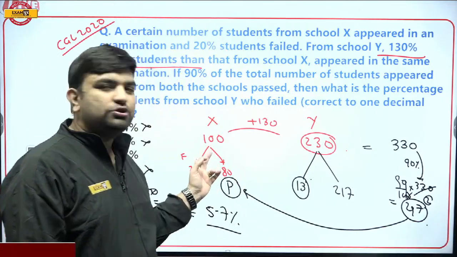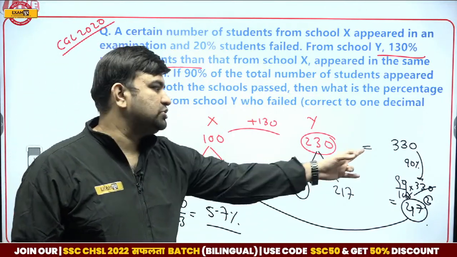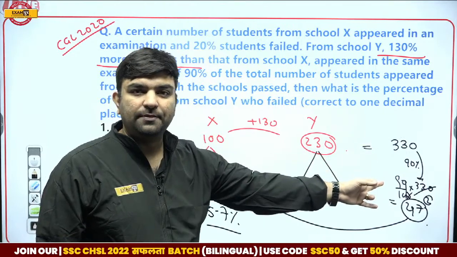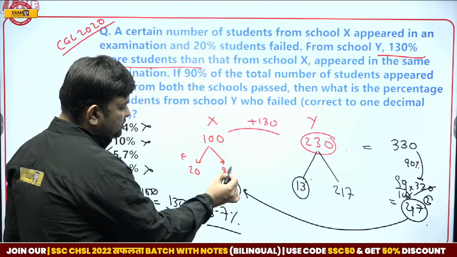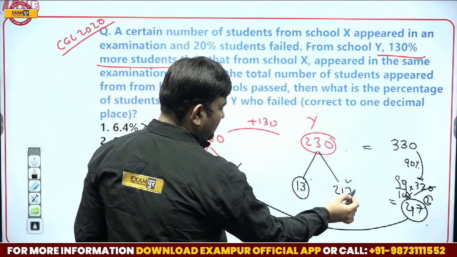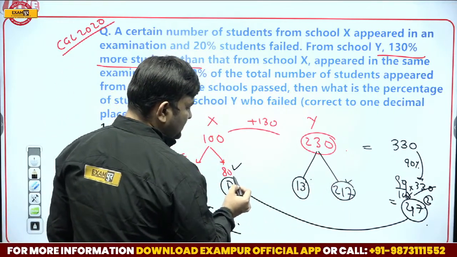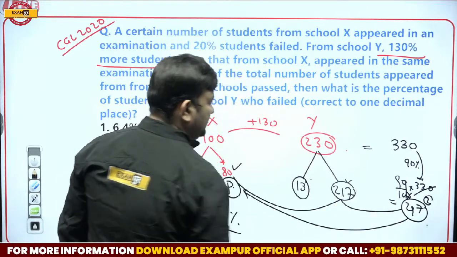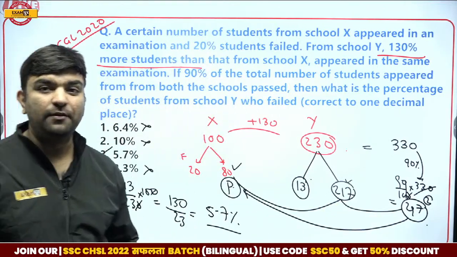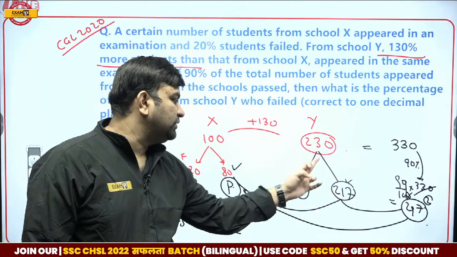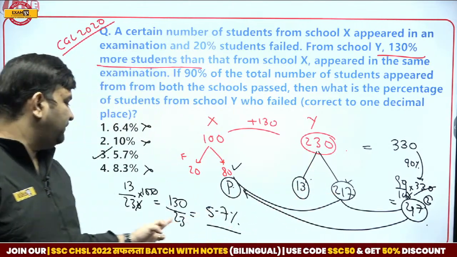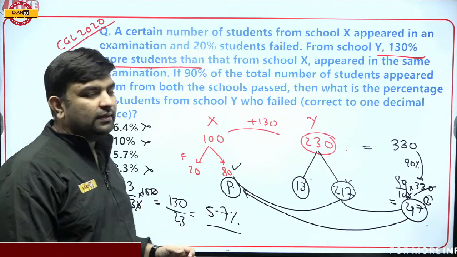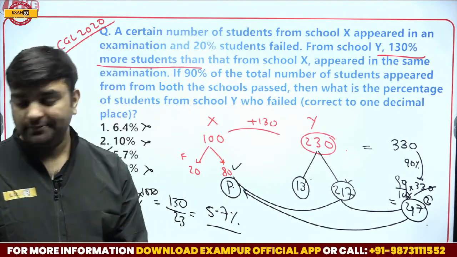Students in X, students in Y, total students 330, total 90% passed, so 297 passed. 80 passed from school X, so remaining 217 is from school Y. If 217 passed, then 230 minus 217, 13 failed. 13 failed over 230 is 5 point something. Perfect.